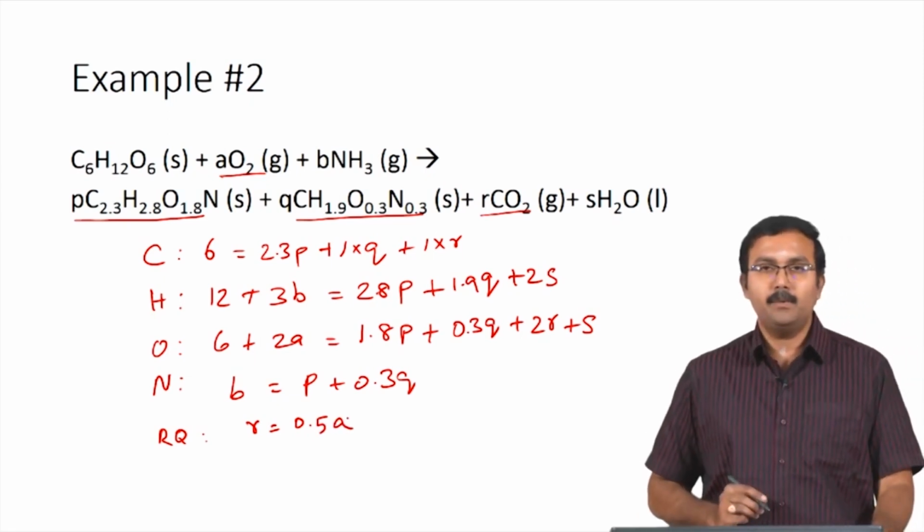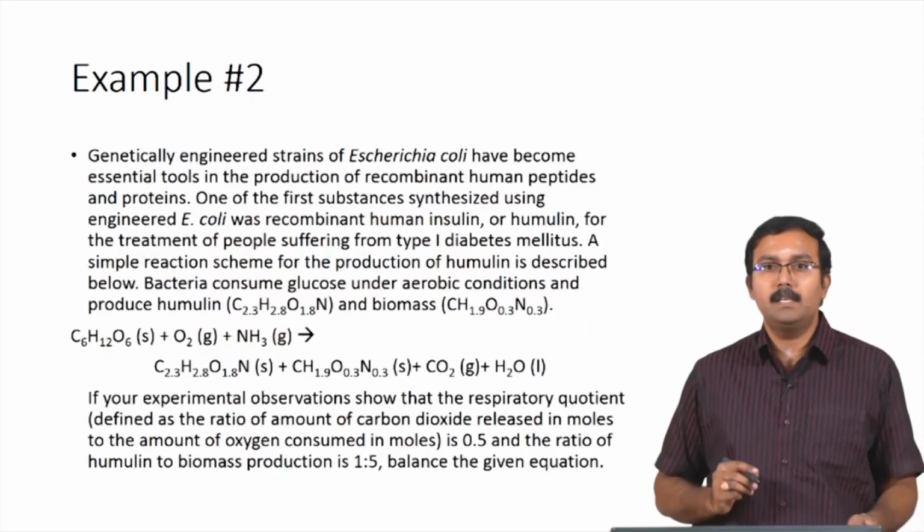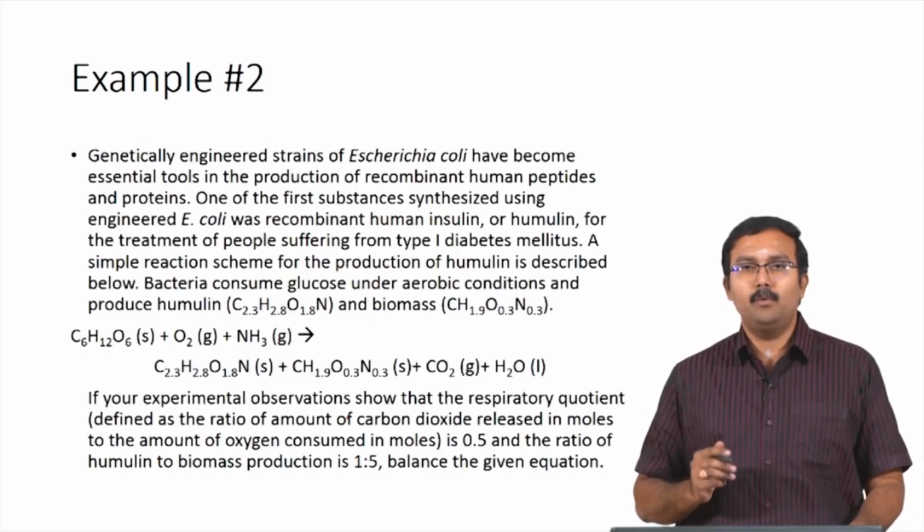Another piece of information provided in the problem is the ratio of humulin to biomass production as 1:5.